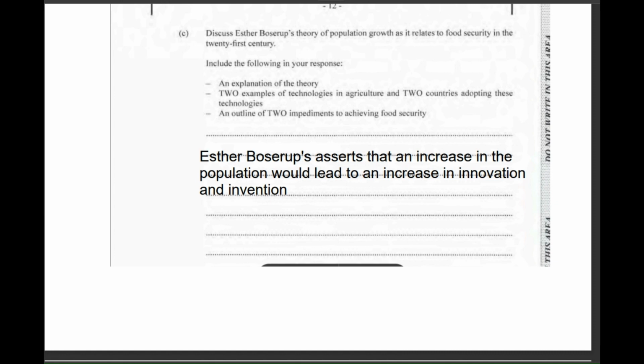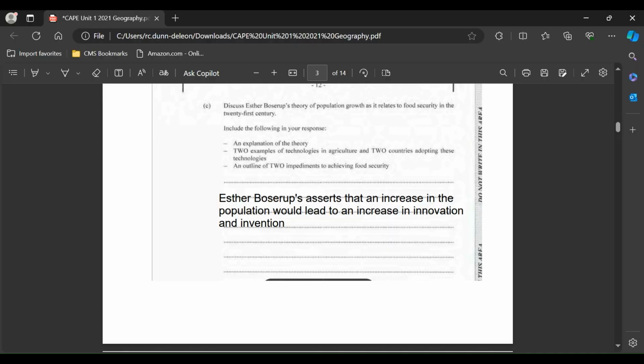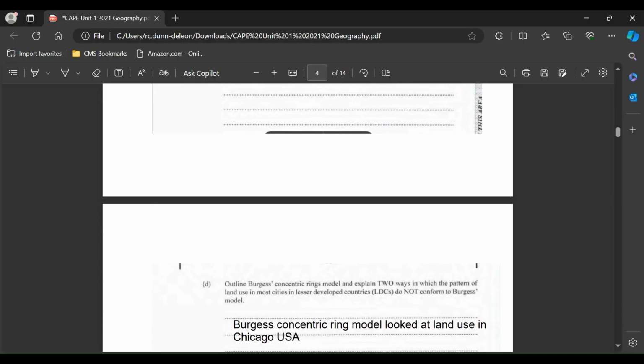So we have devastating pathogens that damage plantation crops, and the slow recovery after the hazard impedes the objective of achieving food security. We have the lack of water access or poor water management, which reduces agricultural output, thus impeding food security. Any two impediments, once you're able to outline it, then you should be well on your way to answering the question and on your way to getting those 13 marks.